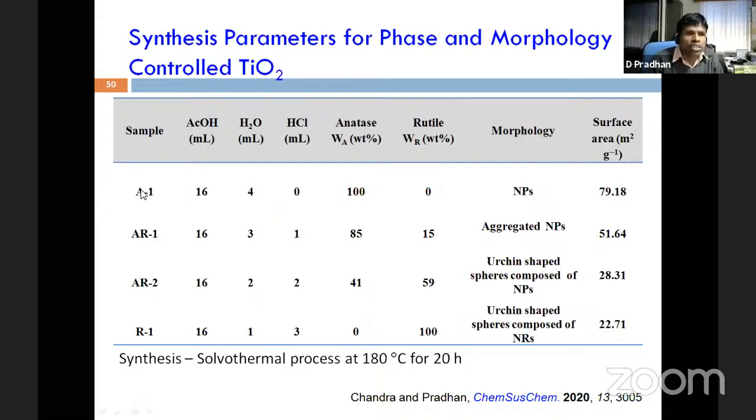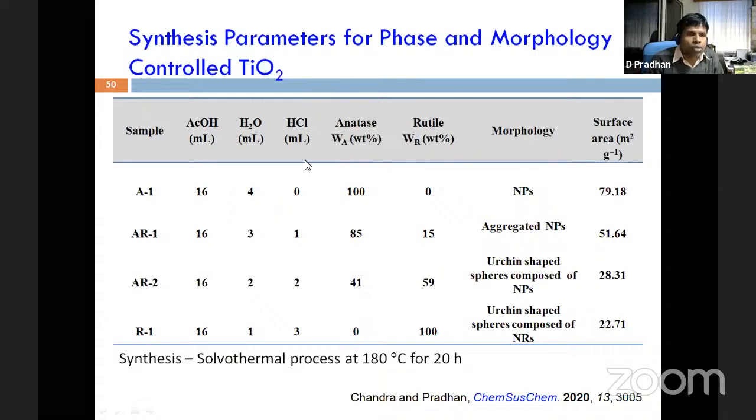When we synthesized only anatase, which is assigned as A1, it was synthesized with acetic acid 16 ml and water 4 ml, without taking any acid. Here no acid was taken, and it produced 100% anatase TiO2 with a nanoparticle shape.